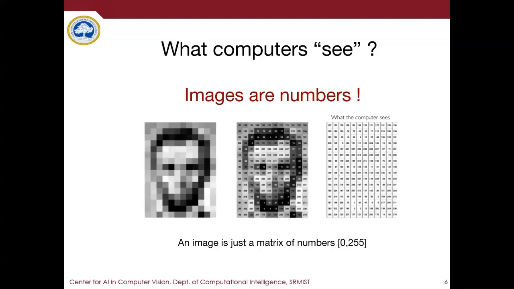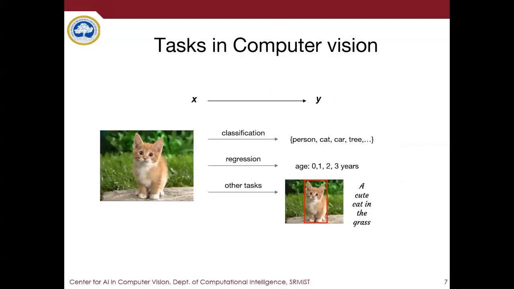Each pixel is a number ranging between 0 and 255, for example 187, 116. Given this particular image, we now need to apply certain algorithms on top of that and process it.